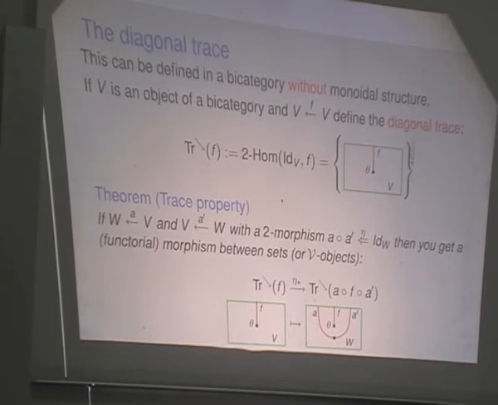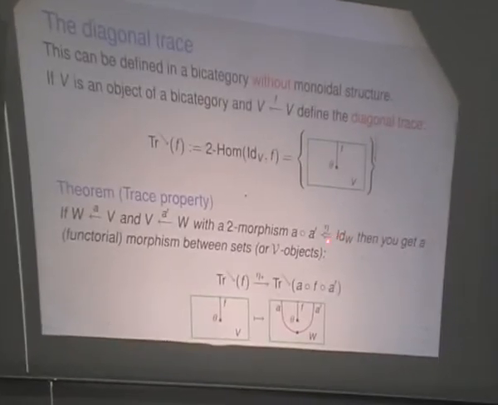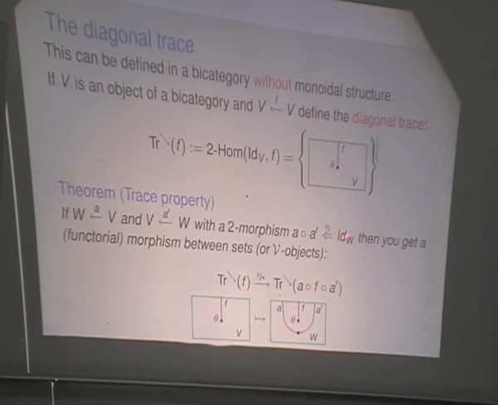The idea is we're looking at the trace of F, which is just something going from V to V, but we've got two maps, A from V to W and A prime from W to V, and we've got some extra data: a two morphism going from the identity on W to doing A prime first and then A. So that's just a map from W to W, which I draw at the bottom here.